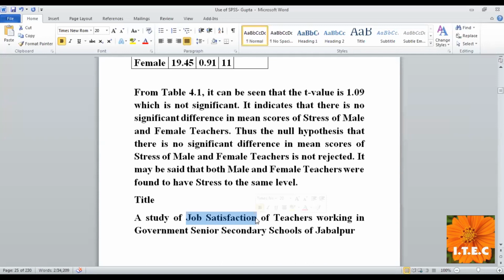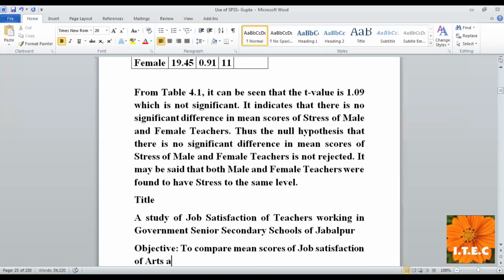Suppose this is my title and here my variable is job satisfaction, and you will have the data which will be on interval scale. My objective can be to compare mean scores of job satisfaction of arts and science teachers.